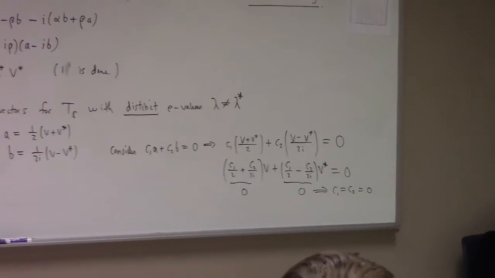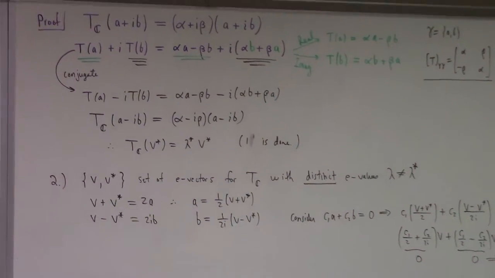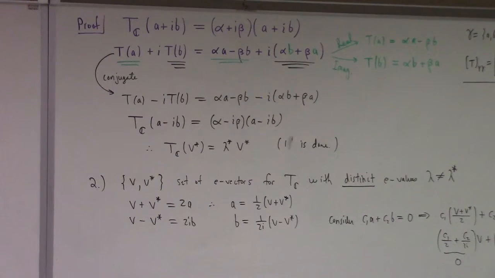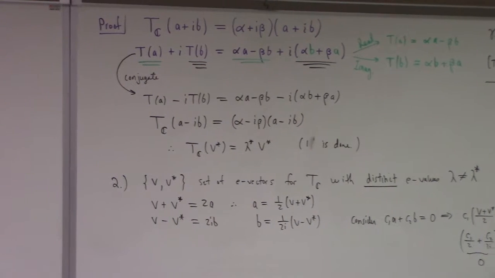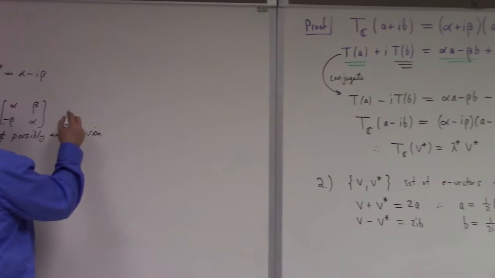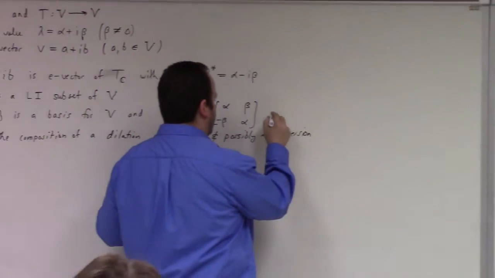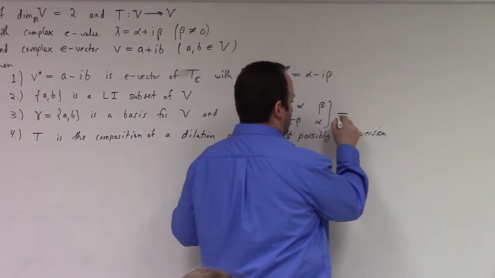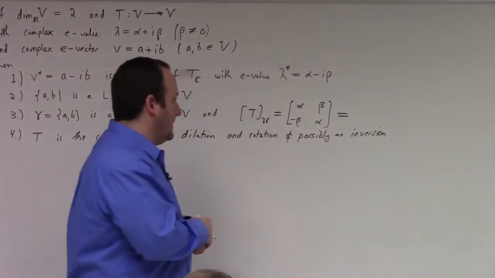All right? So what's left is number 4. Why is it that the linear transformation is a combination of a reflection, a rotation, a dilation, and possibly an inversion? Well, you could rewrite this as what? Check this out.